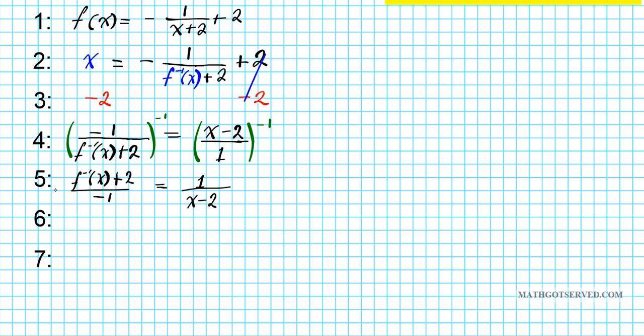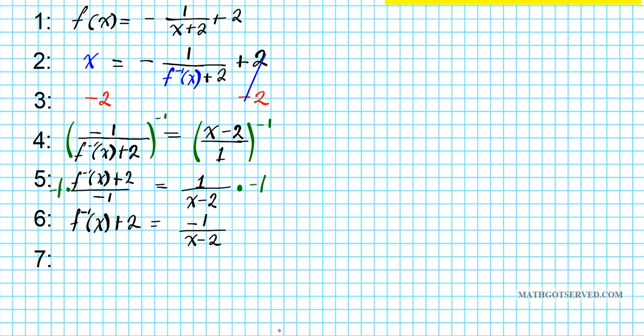First step is to multiply both sides by negative 1. So multiply this side by negative 1, and this side of the equation by negative 1. On the left side, we'll have the inverse of f plus 2 equals, on the right side, negative 1 divided by x minus 2.